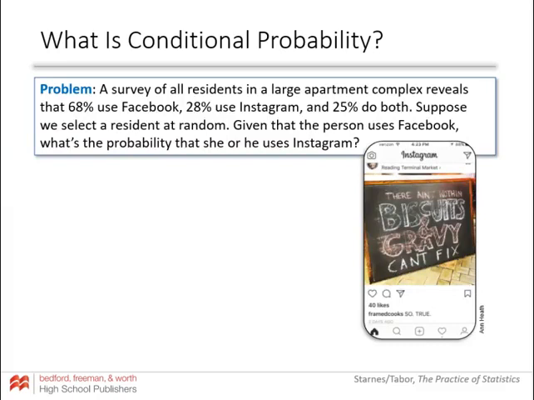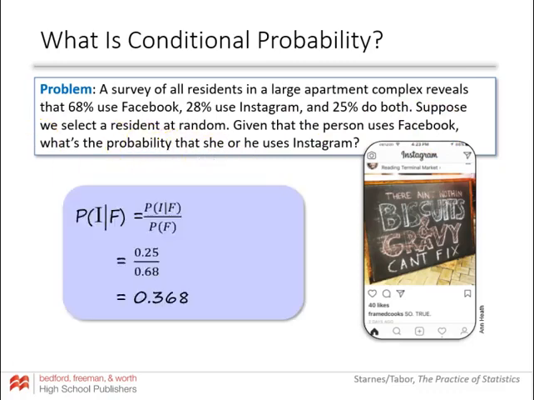So here we have some information. 68% of people in an apartment complex use Facebook, 28% use Instagram, and 25% do both. We want to know, given that the person uses Facebook, what's the probability that they use Instagram? So we want the probability of Instagram given Facebook.